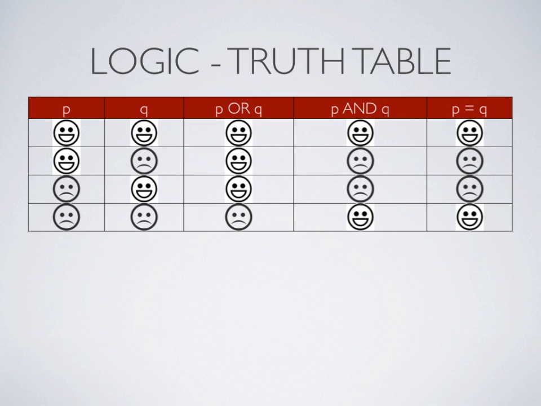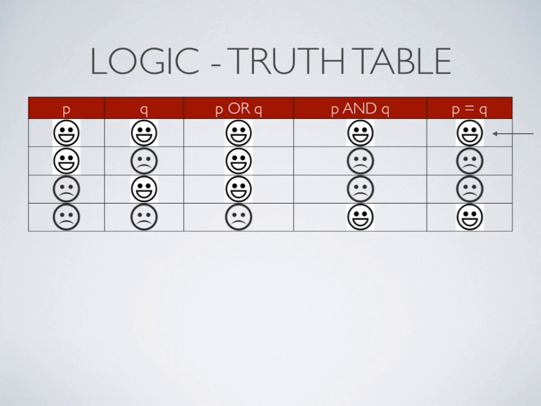And next to our P and Q columns we have P or Q, P and Q, and lastly P equals Q. So let's go ahead and look at our first row where P is happy and Q is also happy. Now with our OR argument, we're going to return happy because either P or Q has to be happy. With our AND argument, we can see it's happy as well because to satisfy the argument, P and Q both have to be happy.